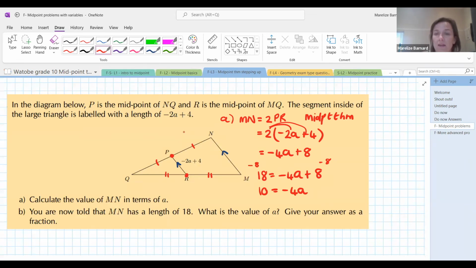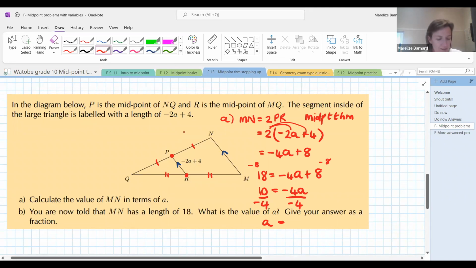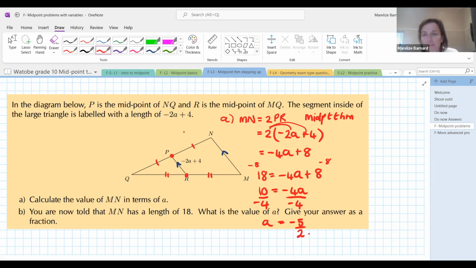And now I need to get the A by itself, and I need to divide by minus 4 on both sides. So 10 divided by minus 4 is minus 5 over 2. There we go.